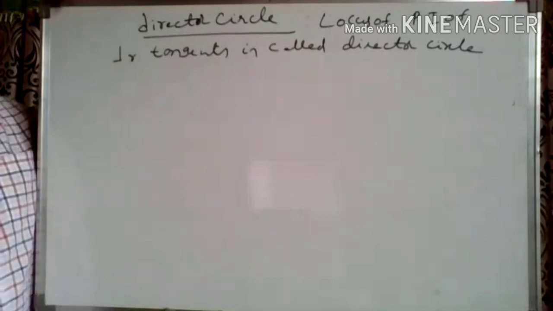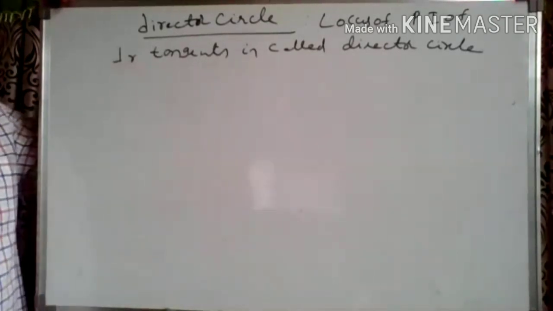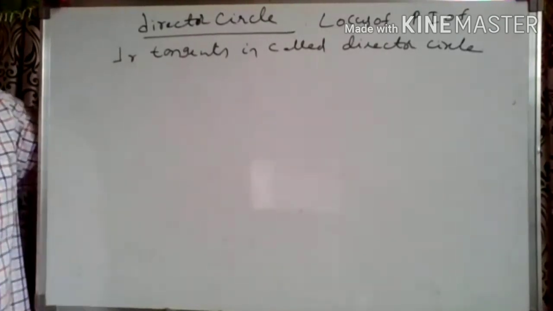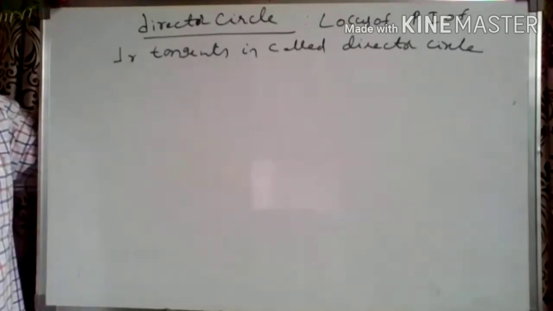Next definition: director circle. Locus of point of intersection of perpendicular tangents is called director circle.